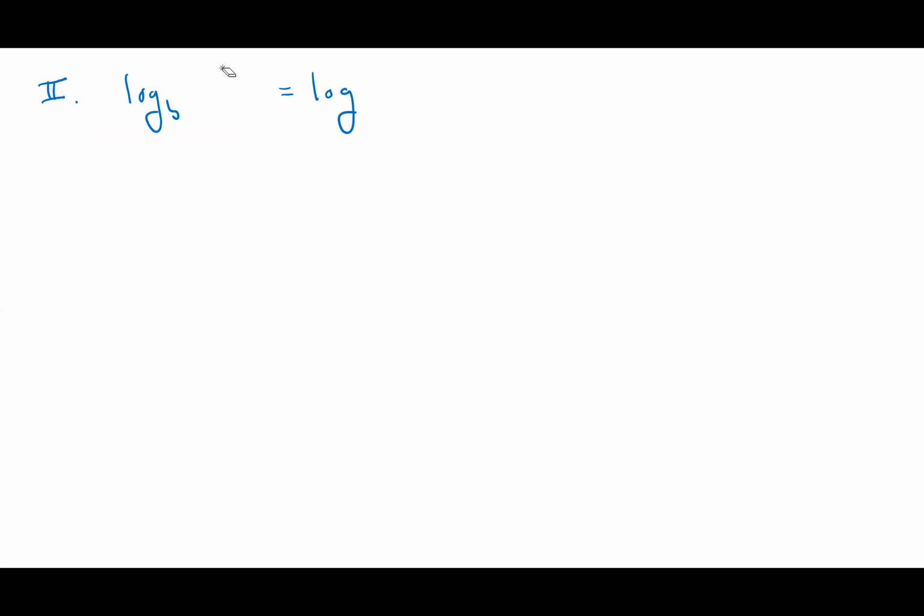Sorry guys, I got myself in circles here. Let me rewrite what I'm trying to prove, right? Log base b of a over b equals log base b of a minus log base b of b. That's what I'm trying to prove, okay?